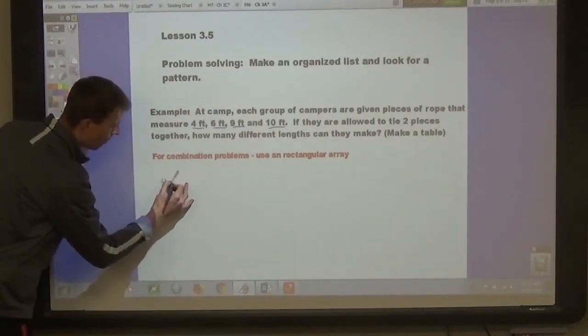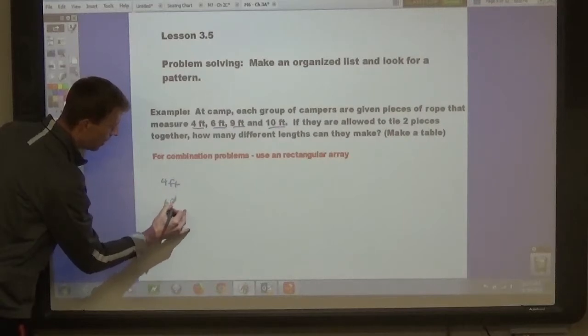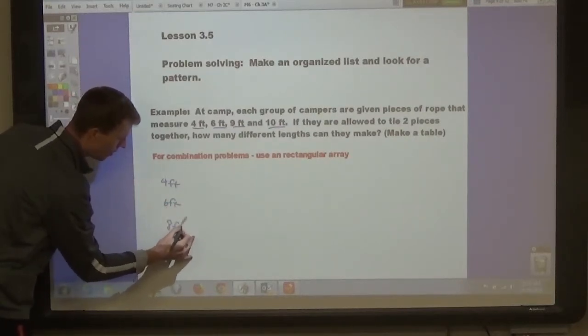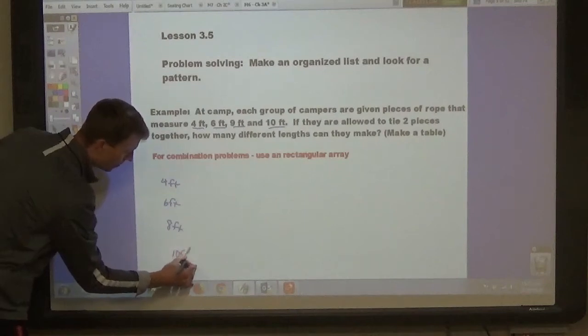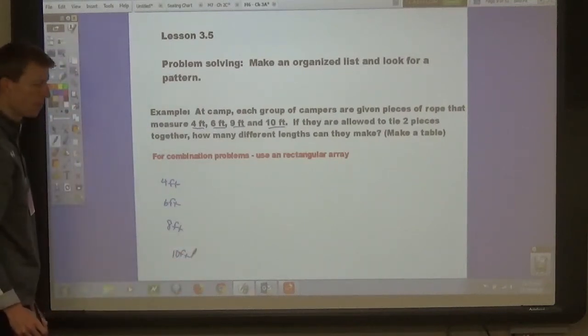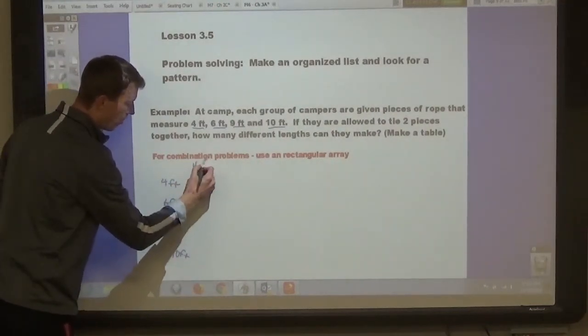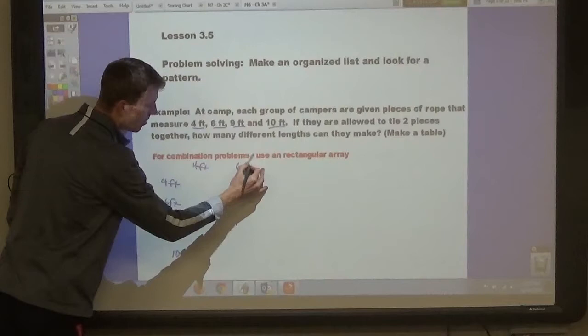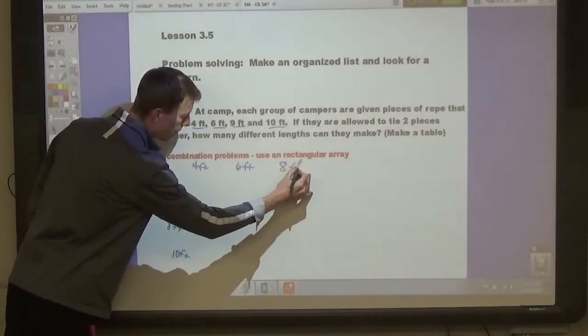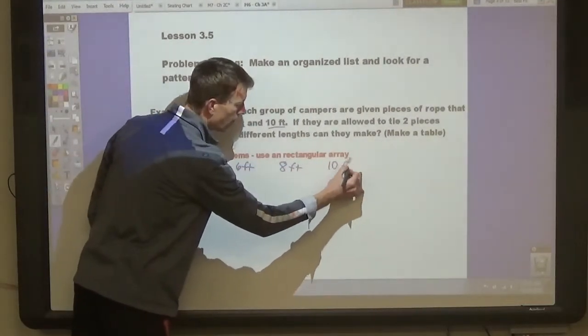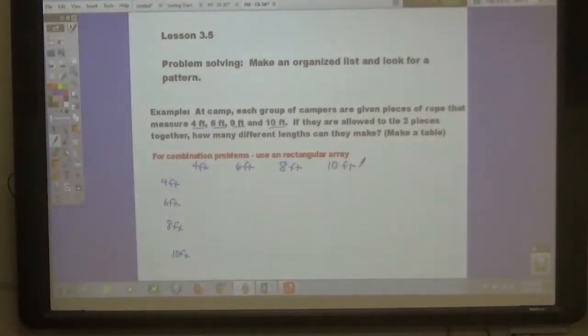So, 4 feet, 6 feet, 9 feet, 10 feet, and then the same thing going across the top. 4 feet, 6 feet, 9 feet, and 10 feet. It kind of looks like a number chart of the multiples of numbers.